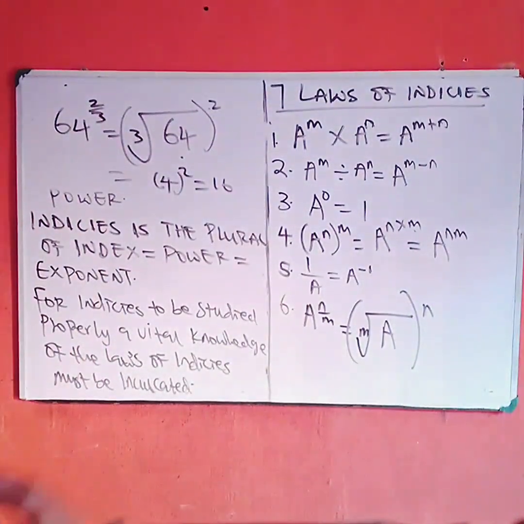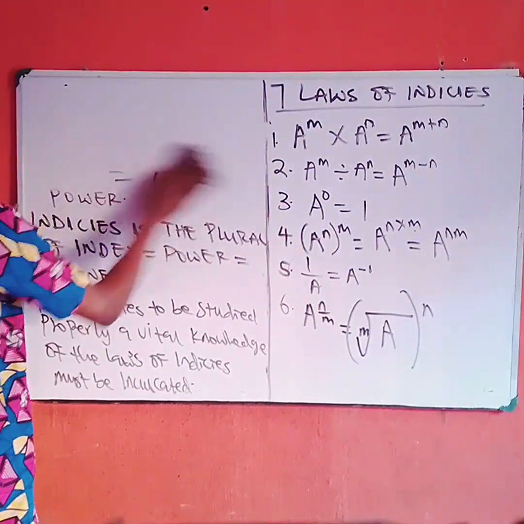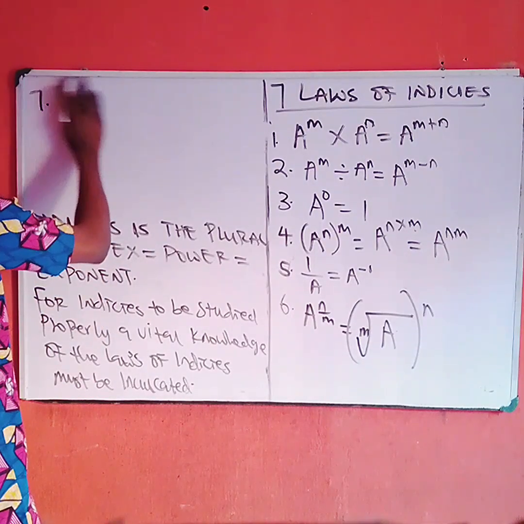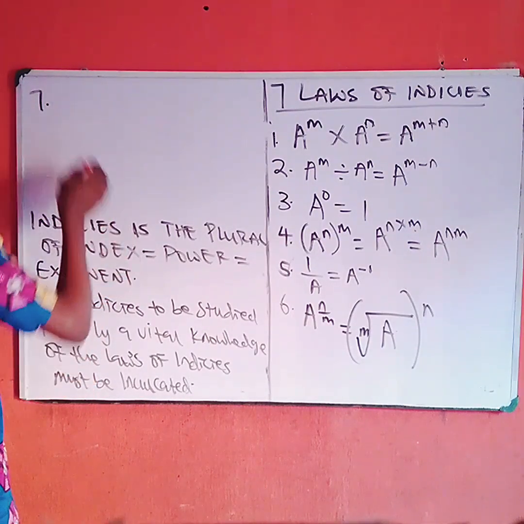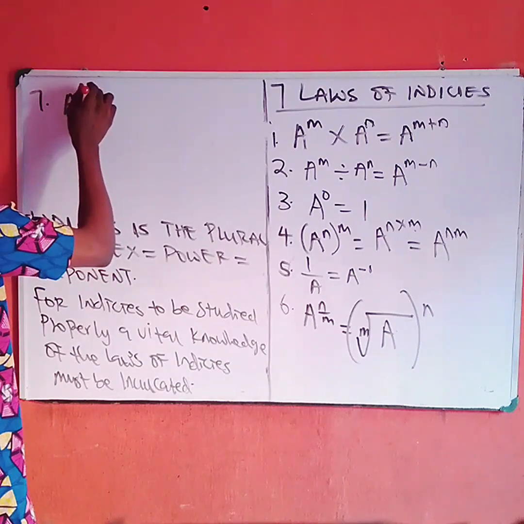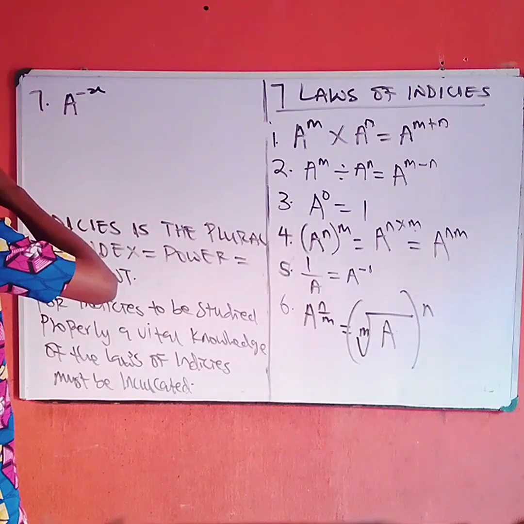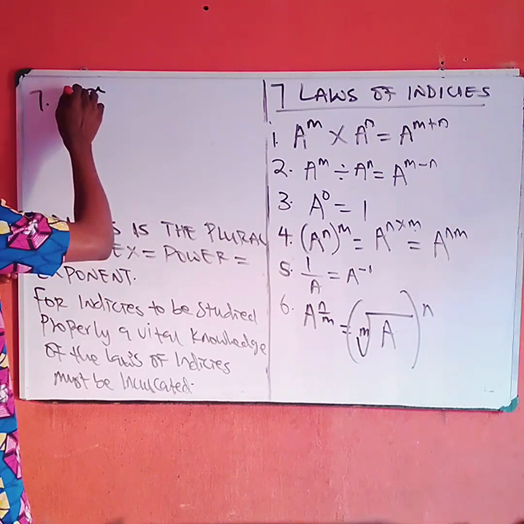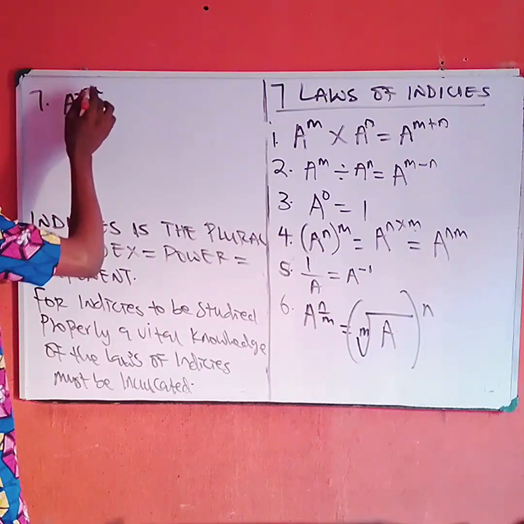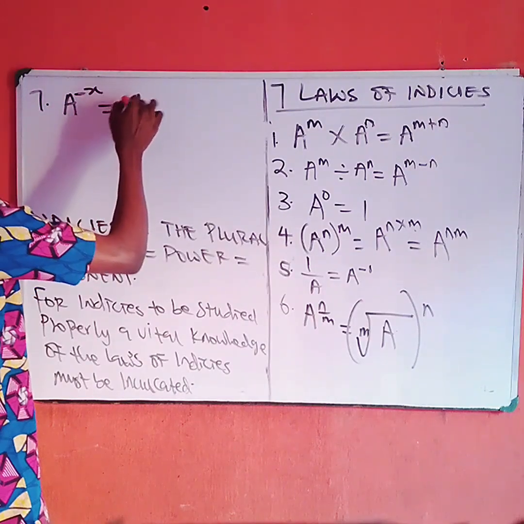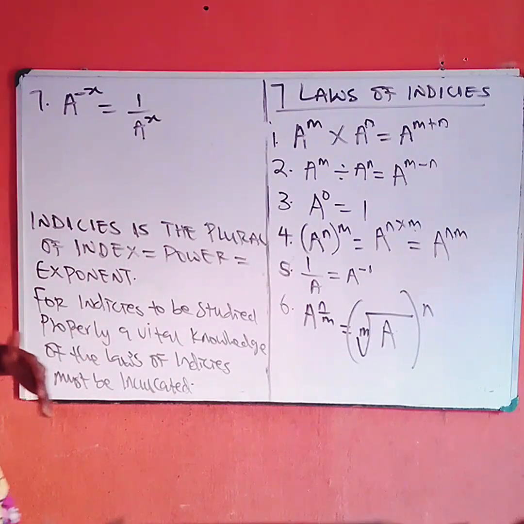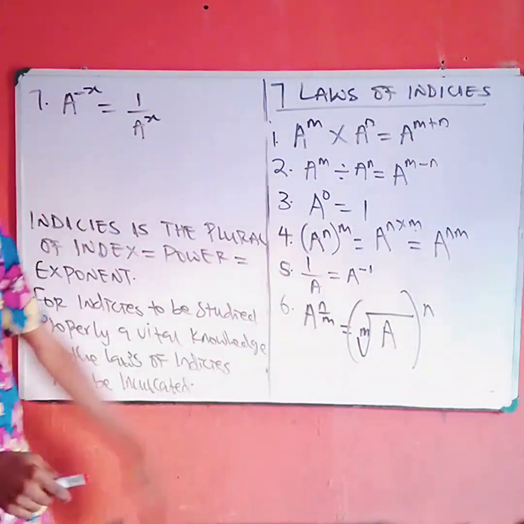All right. Now we have the final law of indices, the 7th law, so that we can enjoy the laws of indices accurately. Given that a raised to the power of minus x is equal to 1 over a raised to the power of x, this brings us back to this state.